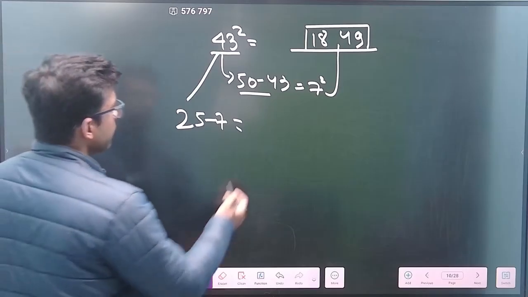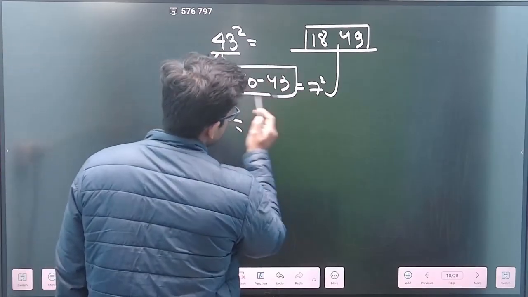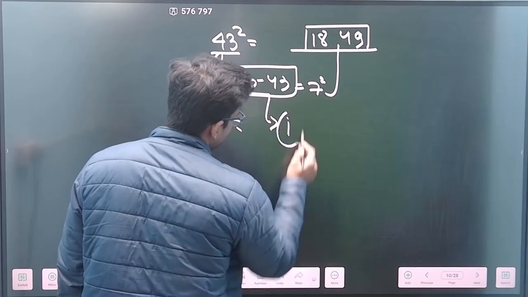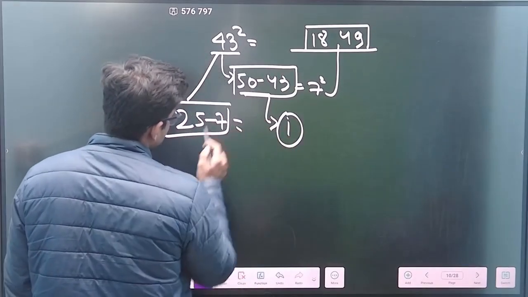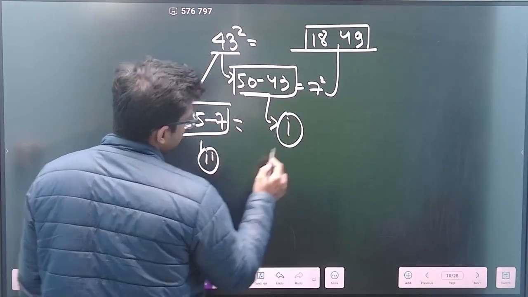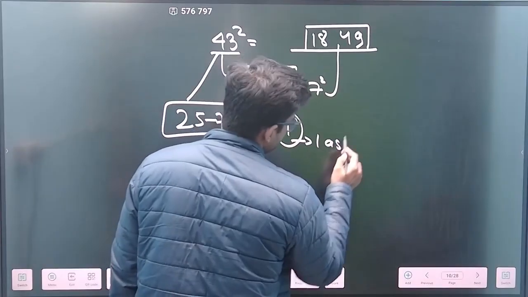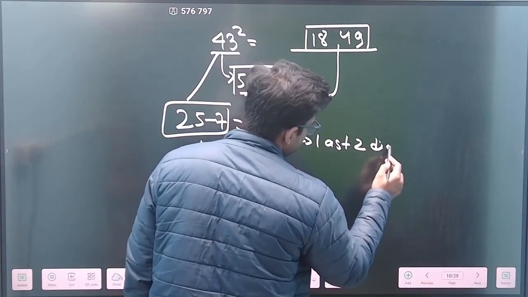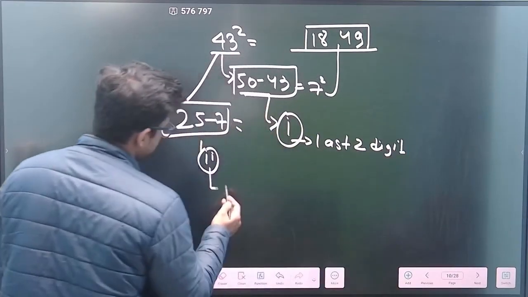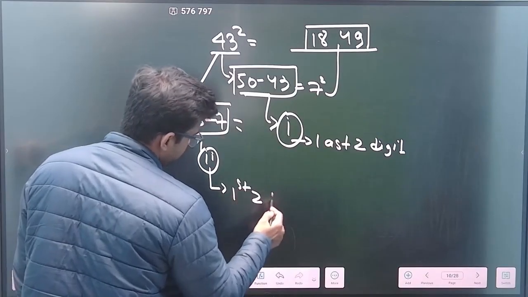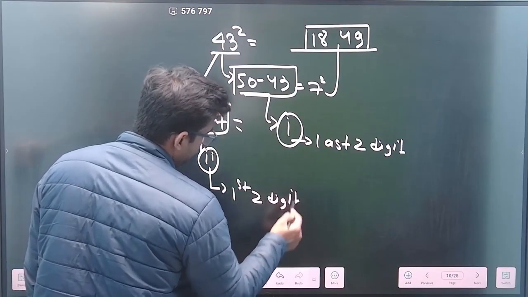This is step number 1, if you want to note it down, and this is step number 2. Step 1 gives you the last two digits, and step 2 gives you the first two digits of your main answer.